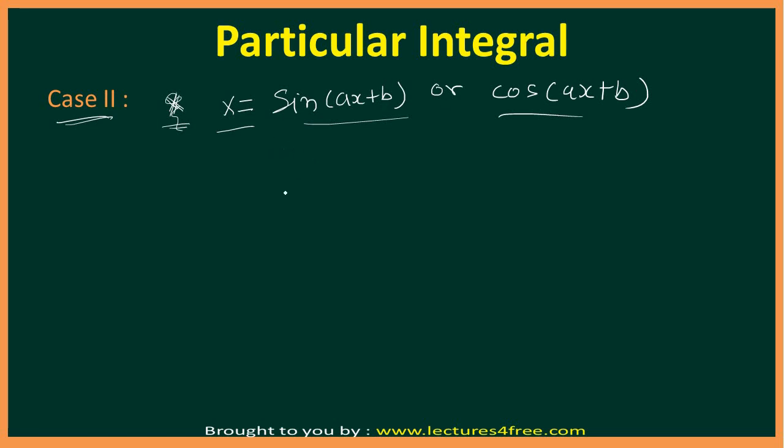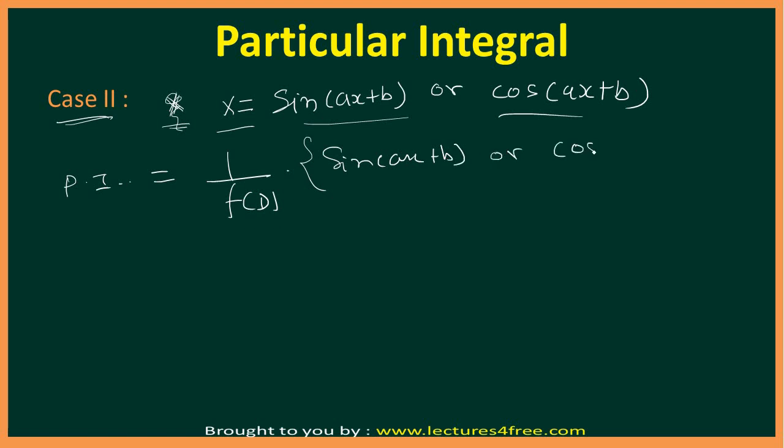Then our particular integral will be like this: 1 upon f(D), and here capital X means sin(ax+b) or cos(ax+b). In this case, let's suppose f(D) is a function of D square.